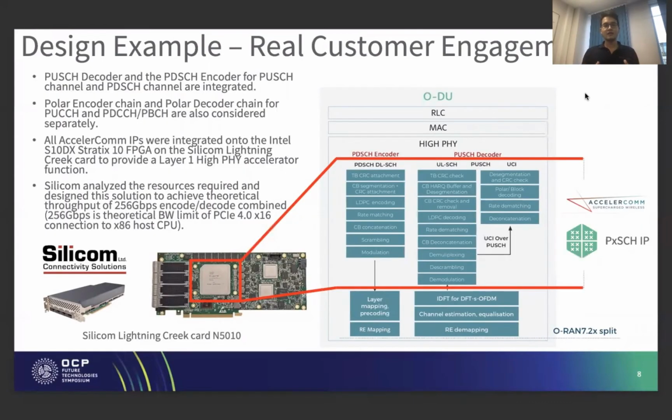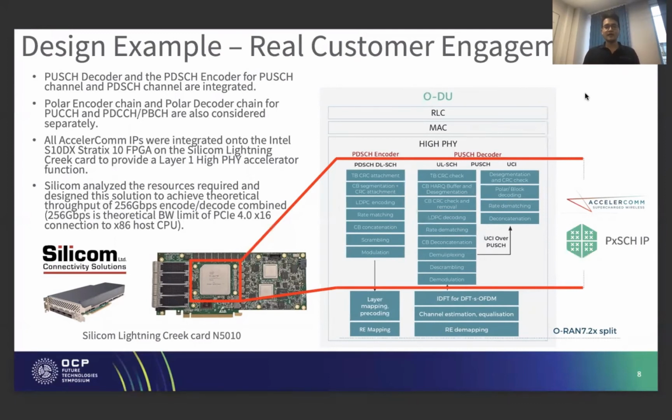Next, together with the PXSCH channel IP products, i.e. PUSCH decoder and PDSCH encoder, plus polar encode chain and polar decode chain for PUCCH and PDCCH, also from AccelerComm, we have integrated all these IPs onto the Intel Stratix 10 S10DX FPGA on the Silicom Lightning Quick card to provide the layer 1 High-PHY accelerator function.